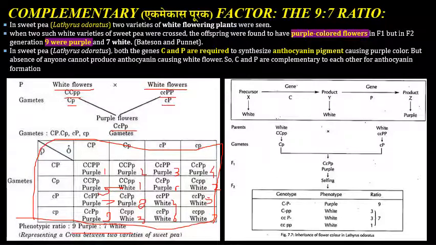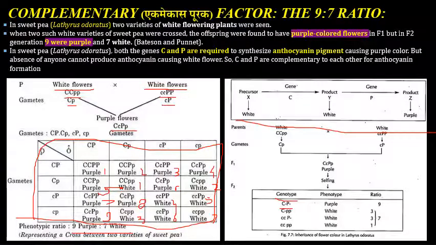Here we can see in this diagram how the purple colored plants are produced, and with the genotypes and phenotypes, let us see how the ratio occurs.